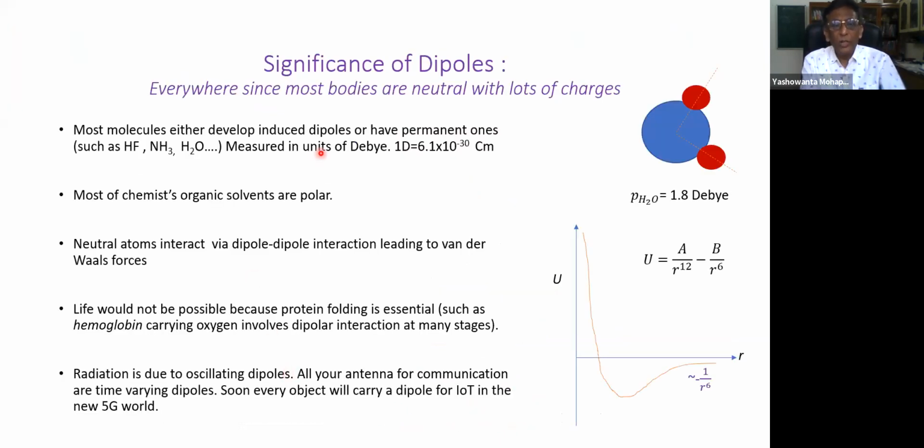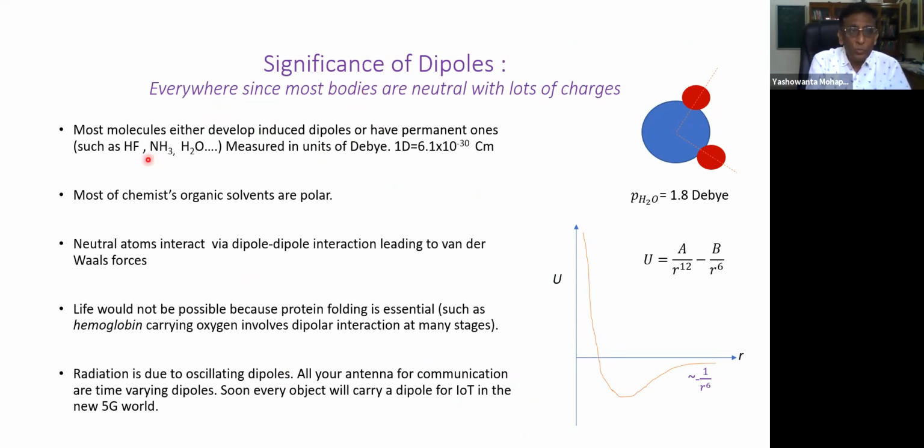All right. Now, before taking up any other problem, what is the significance of dipoles? I cannot overemphasize the significance of dipoles. They're just everywhere. Because you remember we said that most of the bodies that we deal with, whether in astronomy or in everyday life, have lots of charges, but they're balanced out. So since most bodies are neutral, most of the time the electrical interaction is really because of dipoles.